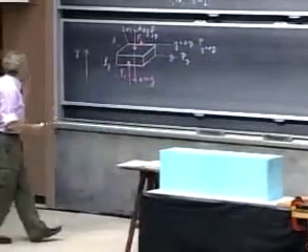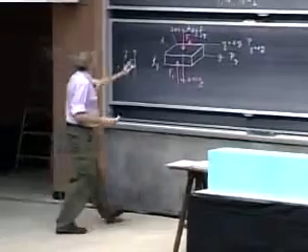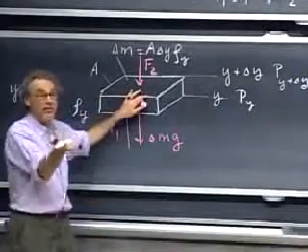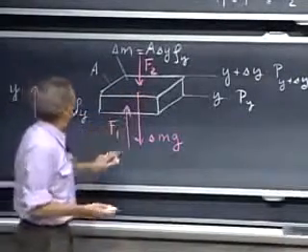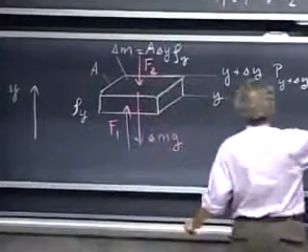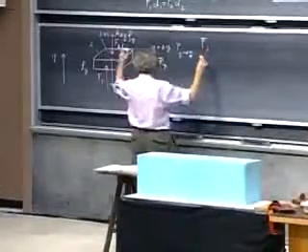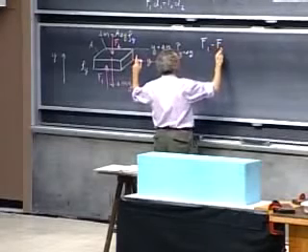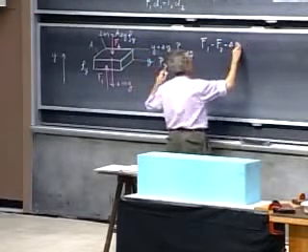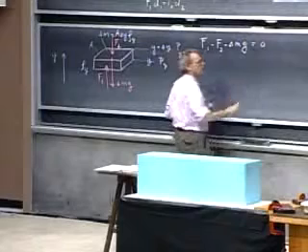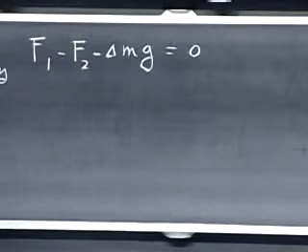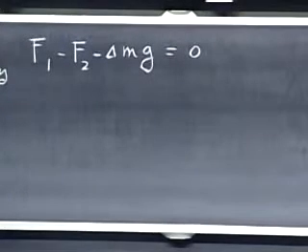So now there has to be equilibrium. This fluid element is not going anywhere, it's just sitting still in the fluid. And so I now have that F1, which is in this direction, minus F2 minus delta m g must be 0. Only then is the fluid element in static equilibrium.